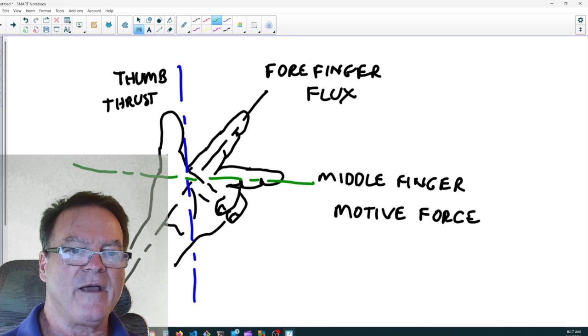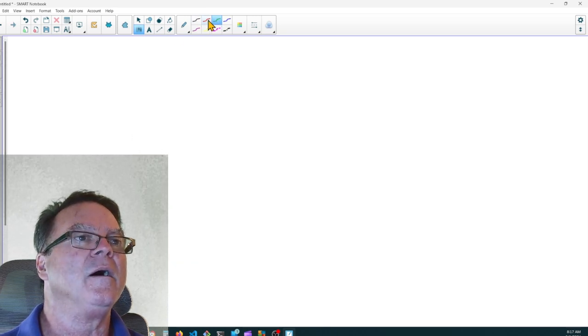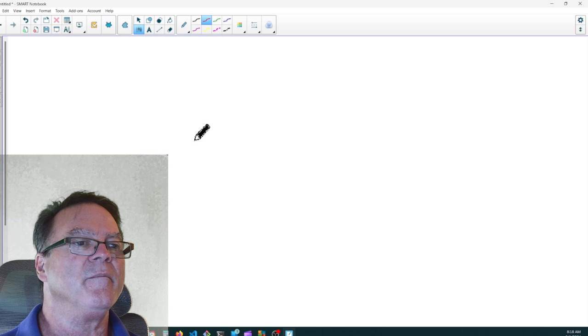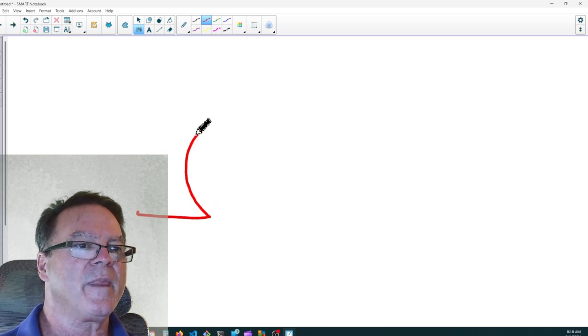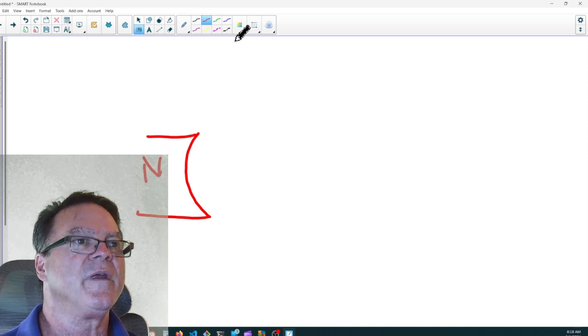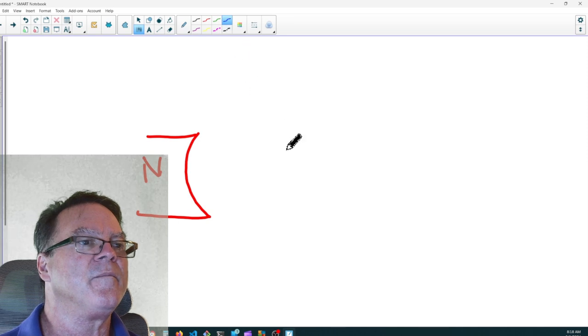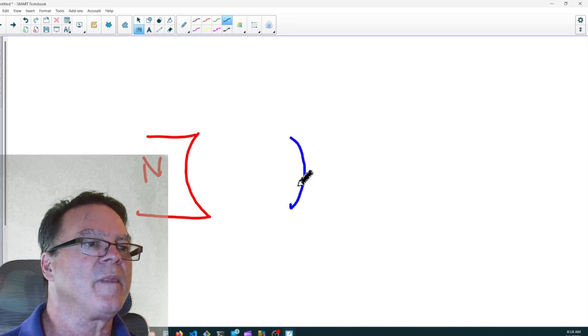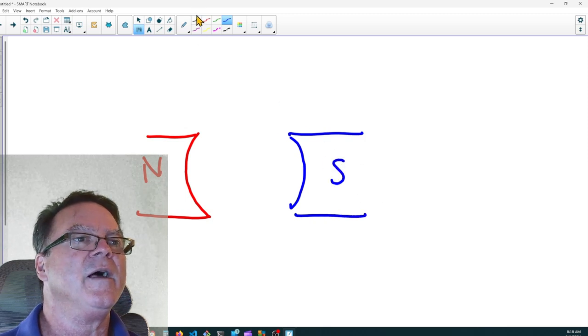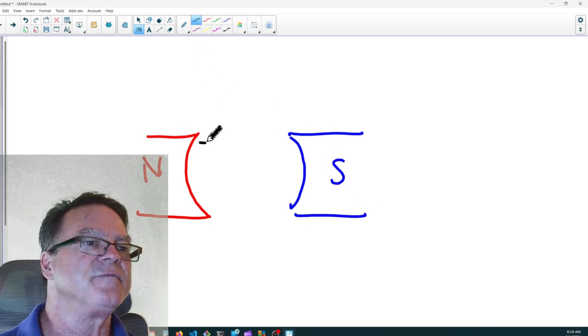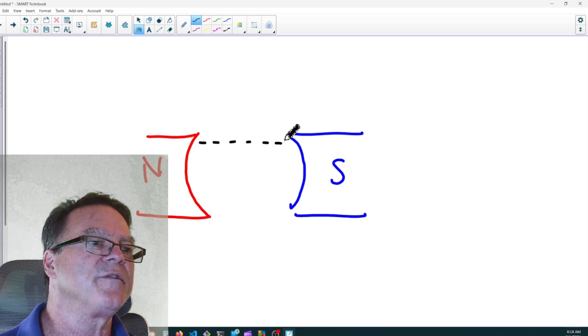So when I have magnets, here's a north, and here's a south. Basically, the lines of magnetic flux are moving from north to south.